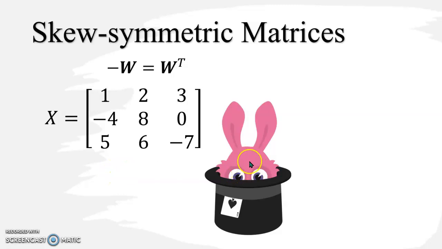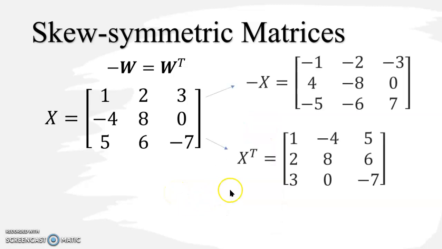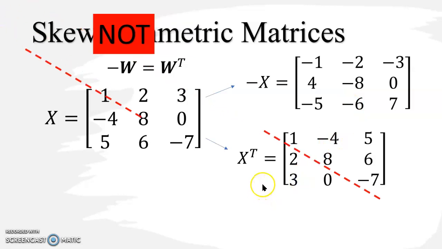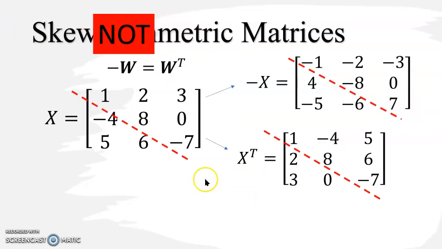It's not really random, but it's not skew-symmetric. I'll show you. If I take the negative of this matrix and the transpose of this matrix, I'm not seeing a lot of similarities. So obviously it's not skew-symmetric, but I did notice that the diagonals are the same numbers, just with opposite signs.